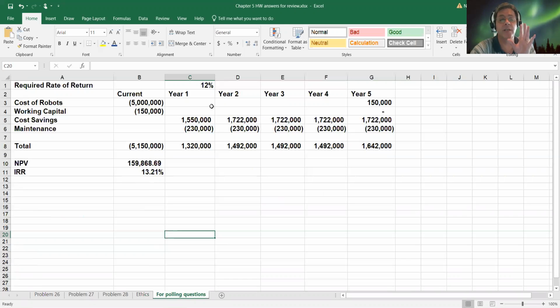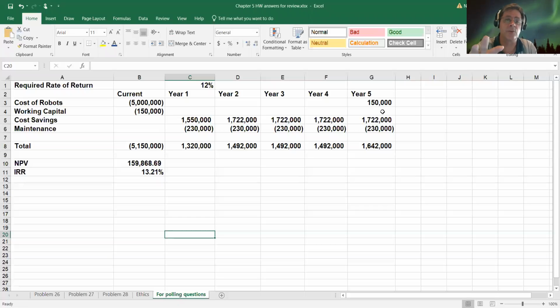One difference to point out is the working capital in this case had to be spent up front, but it's not released. It doesn't come back. That's not always the case in real life, that the extra inventory, the extra things that we need for this situation.